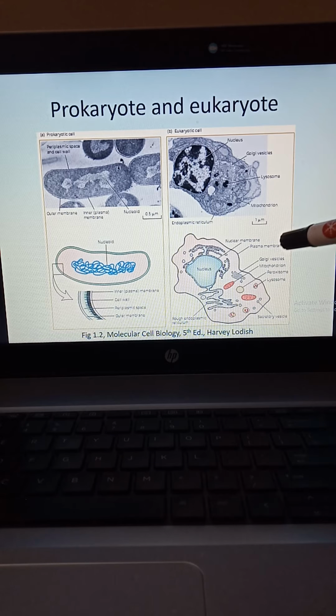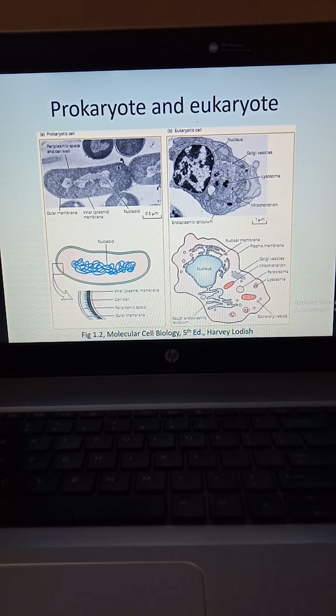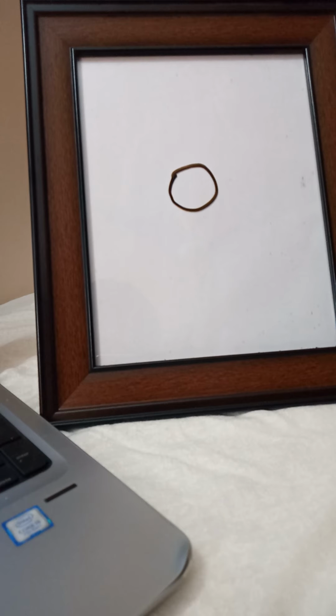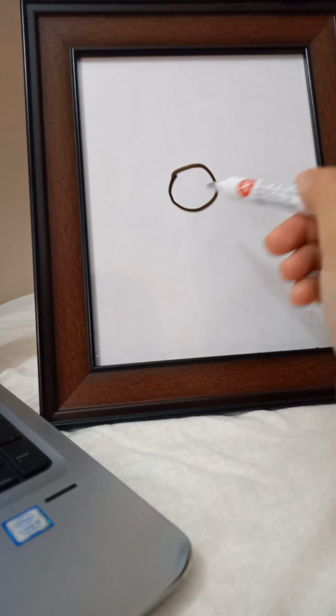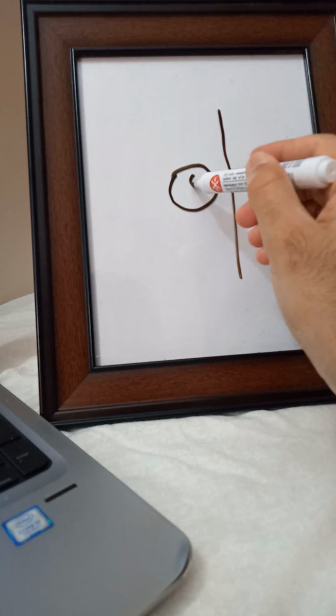Okay, now let's apply the terminology prokaryote and eukaryote to being unicellular and multicellular. If I draw a unicellular cell here, unicellular organisms can be of two types. They can be like this, and they can be like this. This unicellular organism contains a nucleus. It's a single cell, that is why I'm calling it unicellular, but it contains a nucleus.